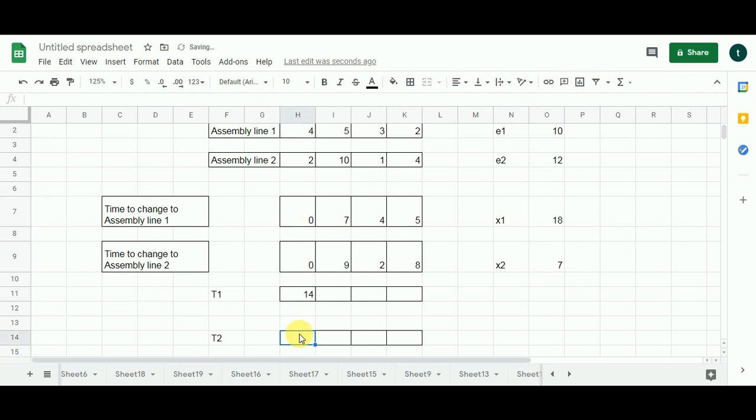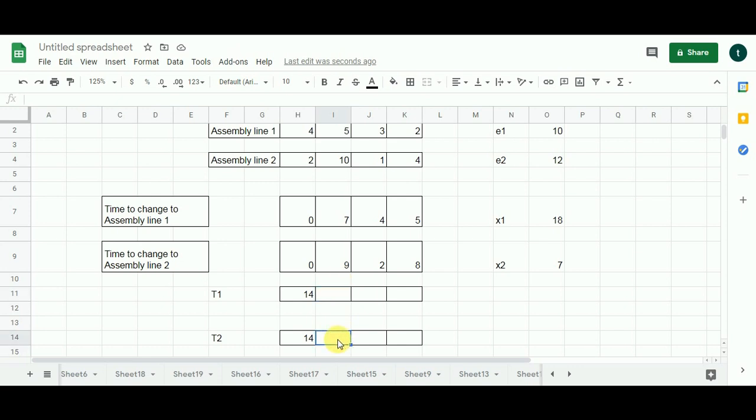Similarly for T2, the time taken at station number 1 is 2, but the entry time is 12. So the total time at this station will be 12 plus 2, which is 14 again.